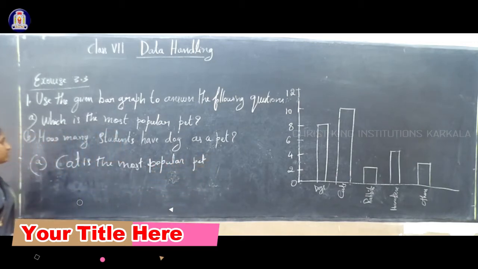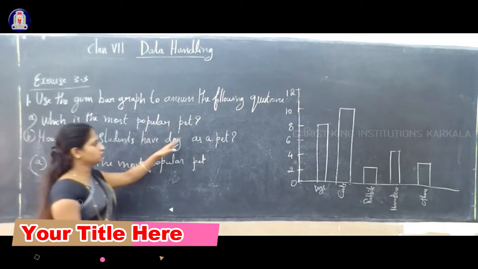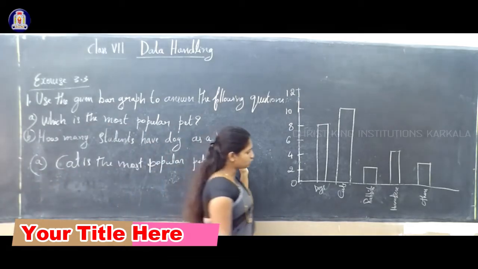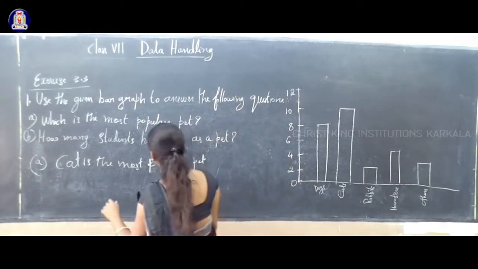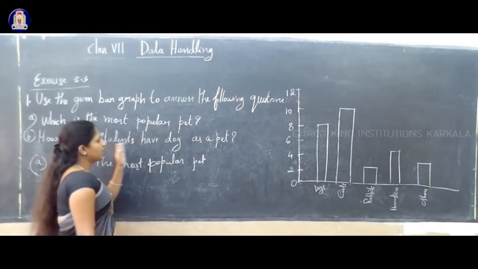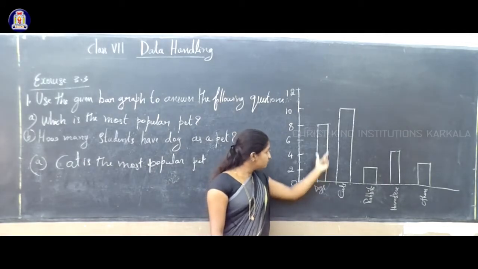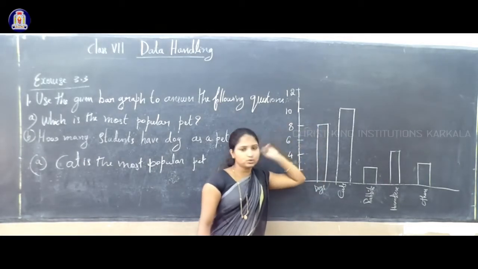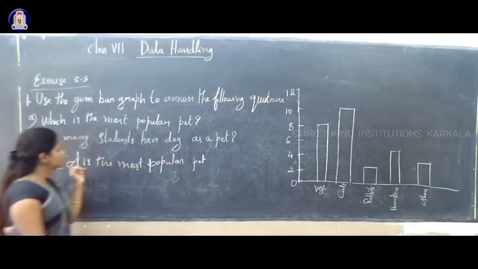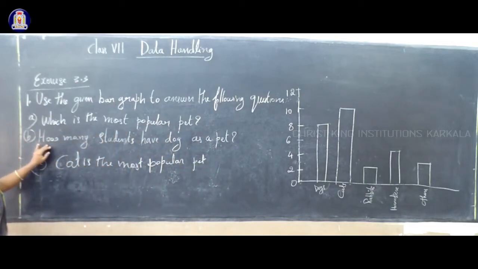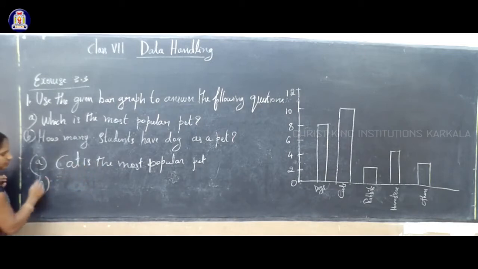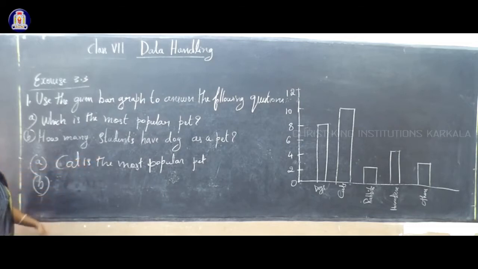Second one: how many students have a dog as a pet? They mentioned students, right? So see the graph. We can say that 8 students have a dog as a pet. Clear? So see the bar graph and write the answer. That means the number of students who have a dog as a pet is 8.